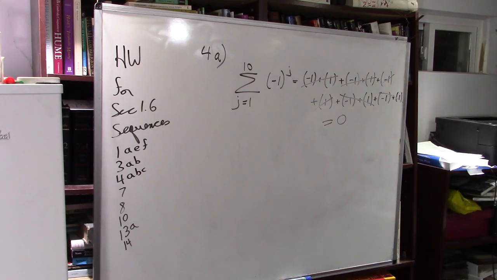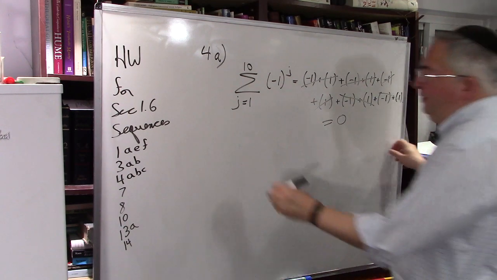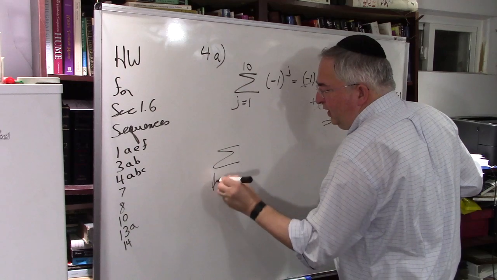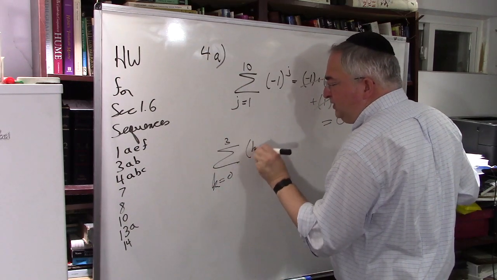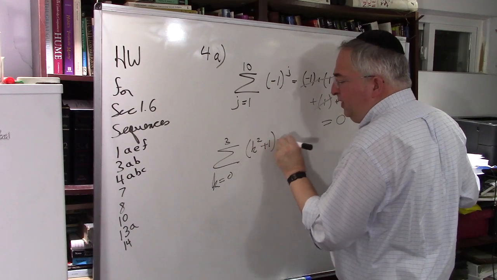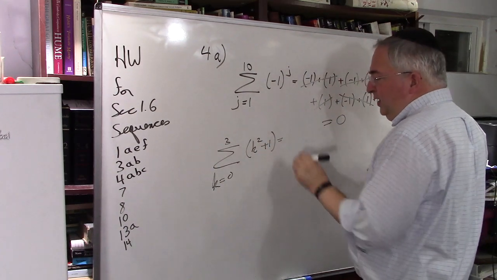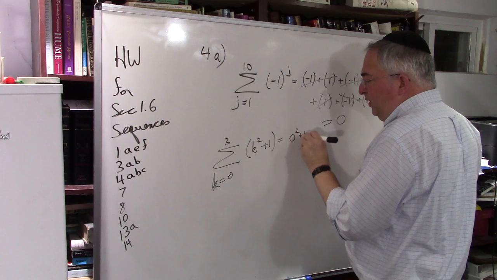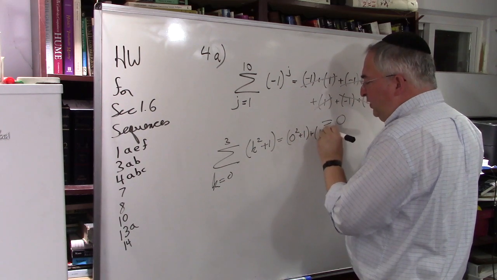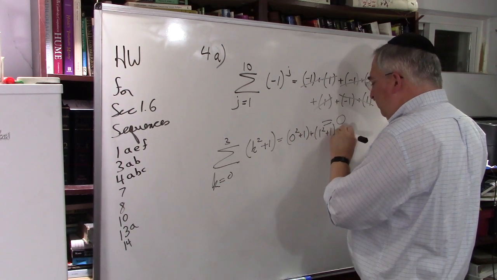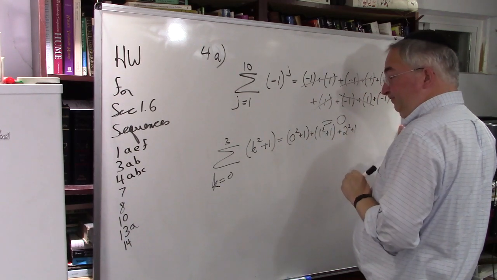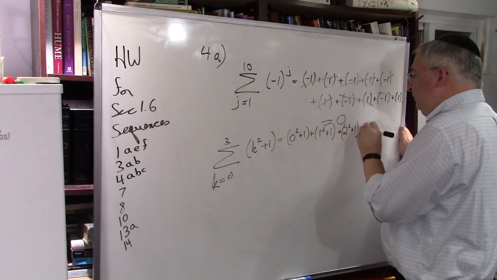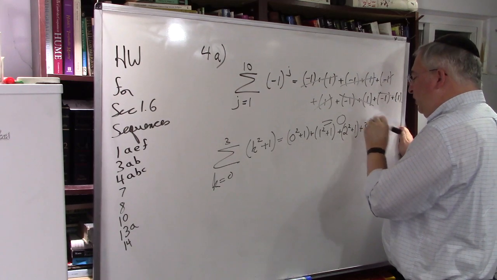4b, the sum from k equals 0 to 3 of k squared plus 1. So this is equal to 0 squared plus 1 plus 1 squared plus 1 plus 2 squared plus 1 plus 3 squared plus 1.